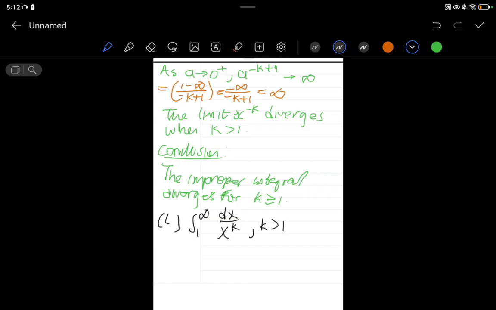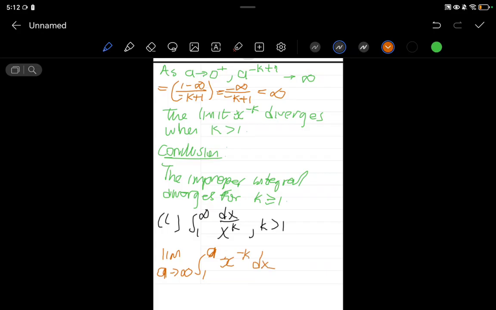We're going to do the same thing. We check if we substitute infinity there, we know it needs to be replaced. So we'll say the limit as a approaches infinity of the integral from 1 to a of x to the minus k dx. There's no need for me to put a sign on infinity.